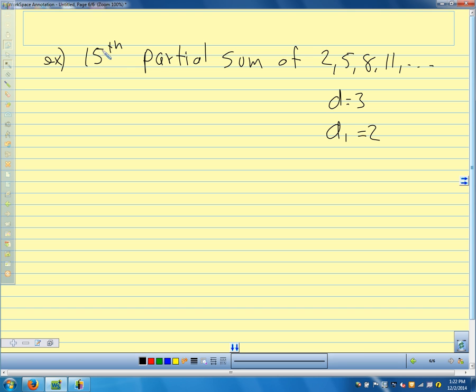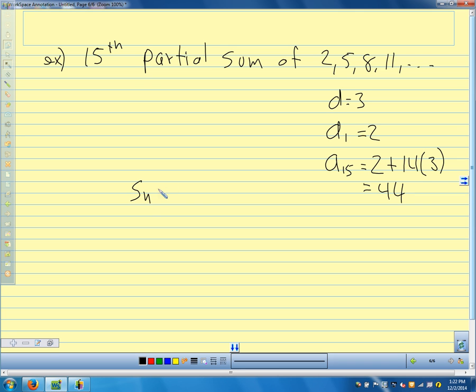We want the 15th partial sum, so we need the 15th term, A sub 15. How do we find A sub 15? How do we find our 15th term? A sub 1 plus n minus 1, so n minus 1 is 14, times 3. And this equals 44. So now we have everything we need.